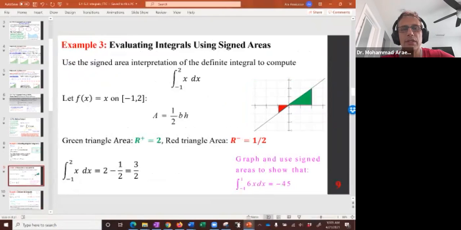The same thing happened here. However, we are looking at the net area or the signed areas, because the top one dealing with the positive function is considered positive. The red one below the x-axis is considered negative. So we subtract the area of the red one from the green one.